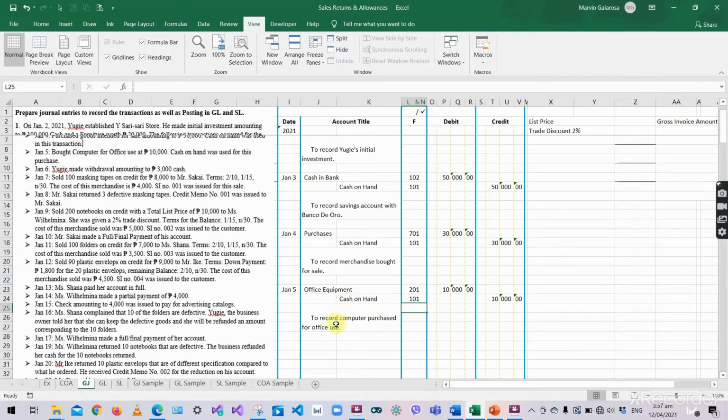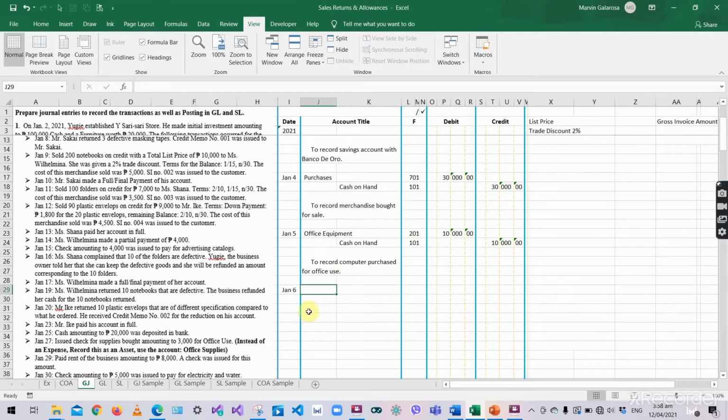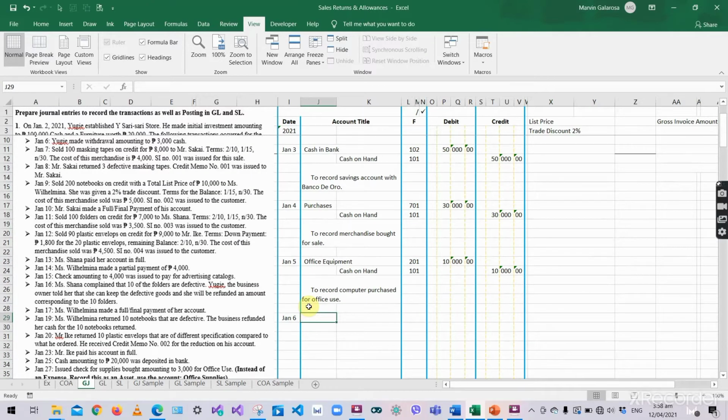Next transaction, January 6. Yugi made withdrawal amounting to 3,000 cash. Entry would be, mag-i-increase yung kanyang drawings na account.